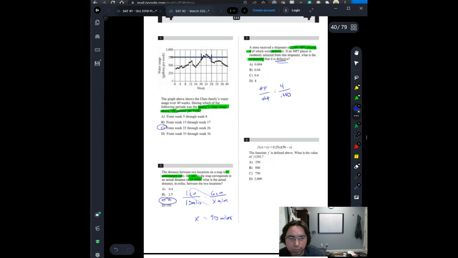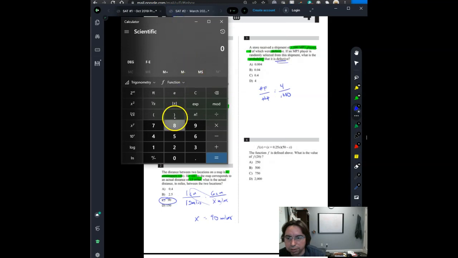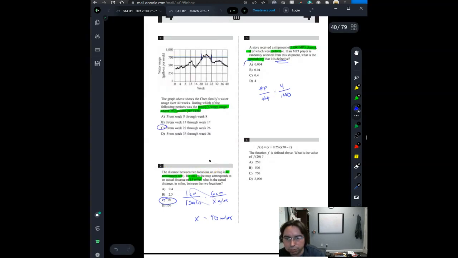So we take our calculator: 4 divided by 1,000 gives 0.004. So the probability in decimal form is answer choice A.